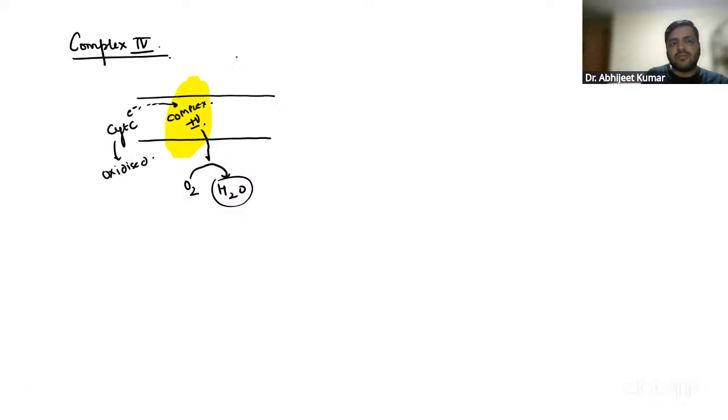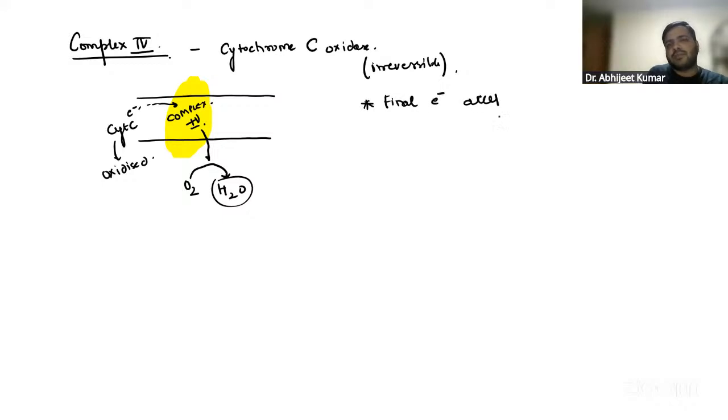Now this complex 4 is also called cytochrome C oxidase. It's an irreversible one. It is the final electron acceptor, oxygen.